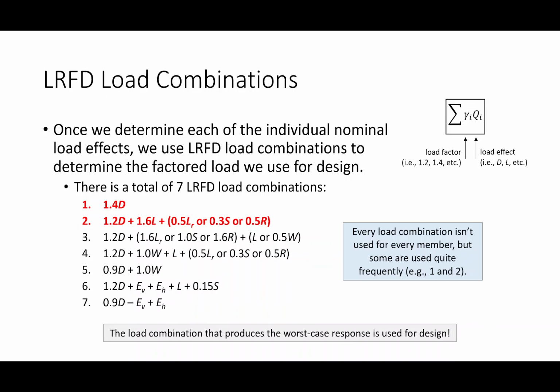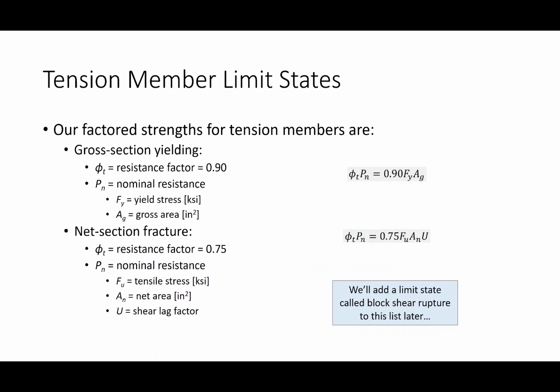Instead of just factoring the loads, we have several load combinations which are intended to represent specific conditions of the structure, for example normal everyday use, earthquakes, high winds, etc. We just consider the worst case scenario out of all of these, which is the one that produces the highest value that we would then use for design.